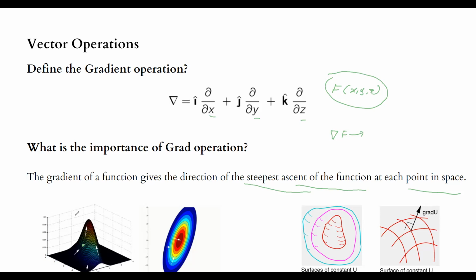If there's a maximum somewhere, the gradient will show us in what direction the maximum will occur, right?